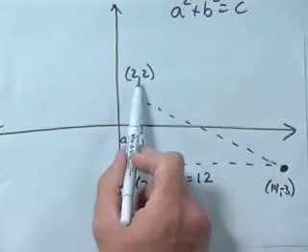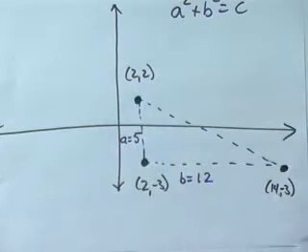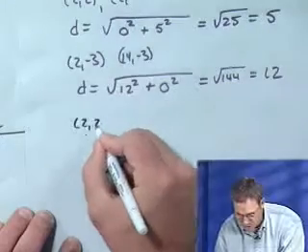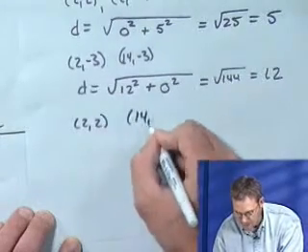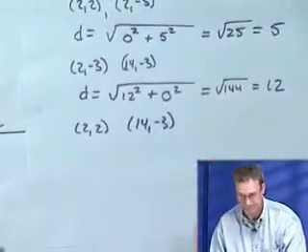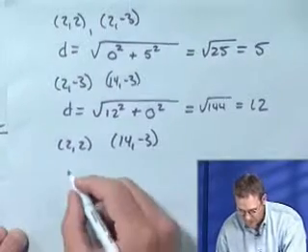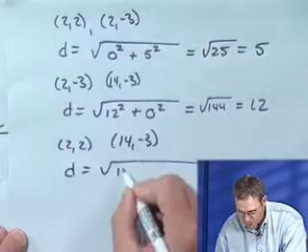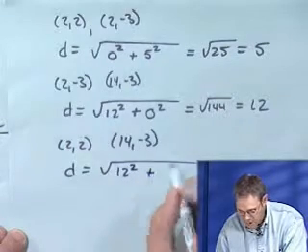So let's find the distance between 2, 2 and 14, -3. The difference in the x's is 12, squared.